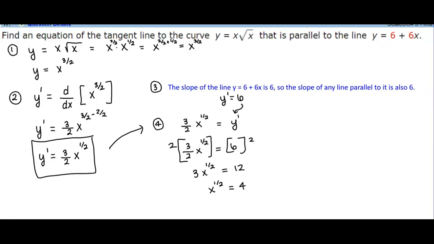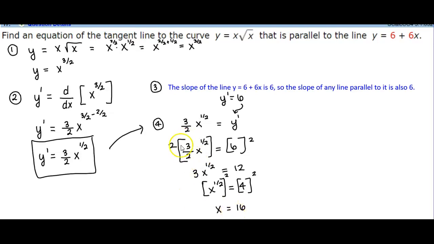Okay, so now if we want to solve for x, we're going to raise both sides to the second power, because x to the 1/2 to the second power is going to give us x, because 2 over 2 gives us an exponent of 1. And we know that 4 squared is going to equal 16.